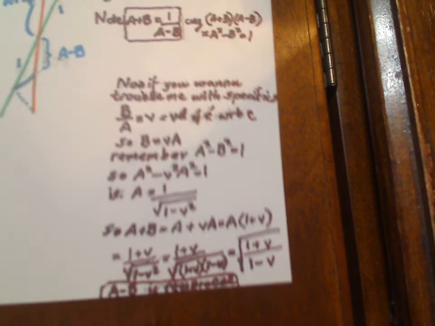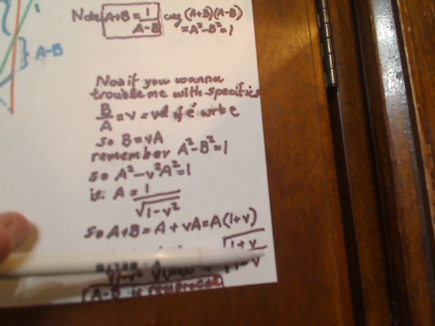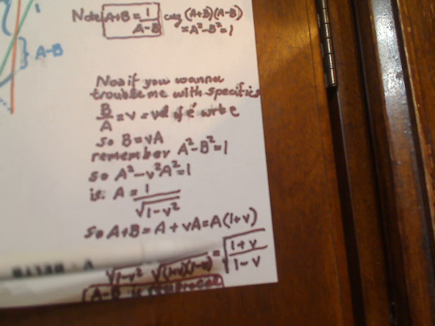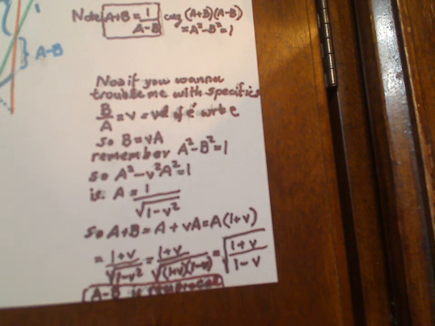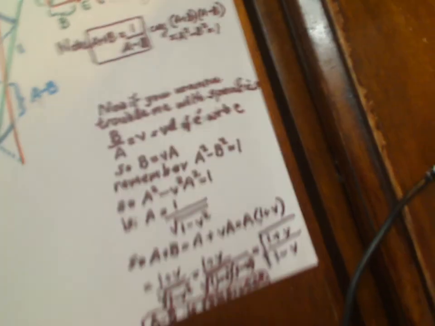It's going to make your life easy and avoid you having to calculate again. If you want to find out what a minus b is, notice that a minus b is just the reciprocal of a plus b. So you just grab this right here, you flip it over, and you got it. All right, so now you know both the blue shift and the red shift, and under which circumstances you get which one.